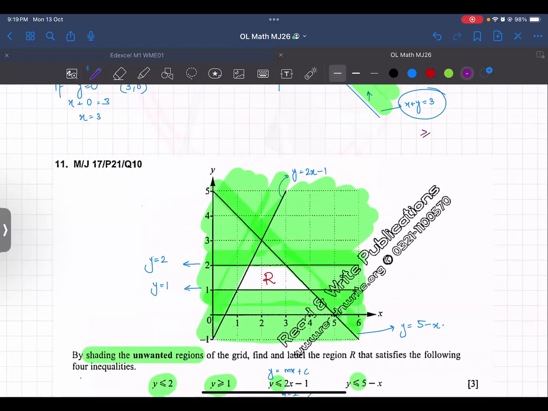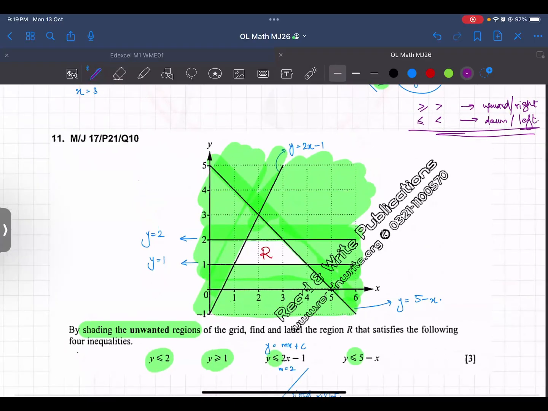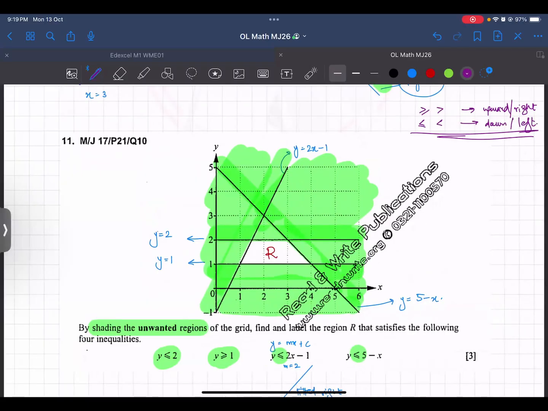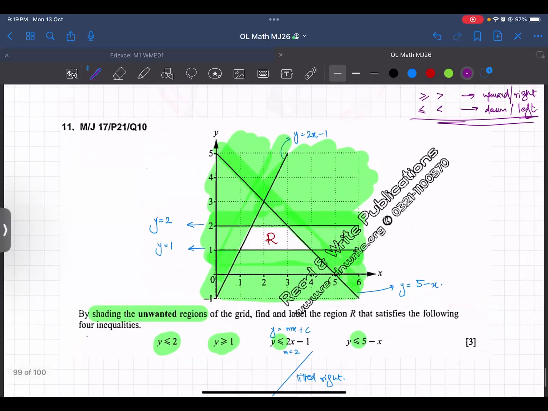When it is greater than or equal to, or only greater than, you shade the part which is upwards, above, or to the right. If it is less than or equal to, or less than, you shade the part which is down, below, or to the left. So you use this definition to shade the parts, and then you found this answer. The overall unshaded part is your answer.